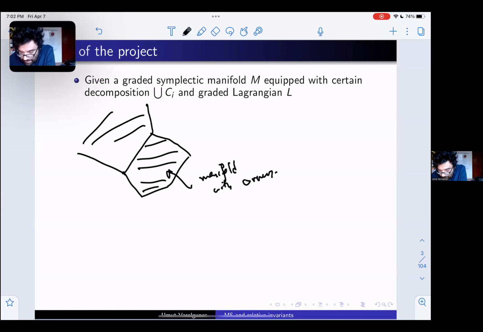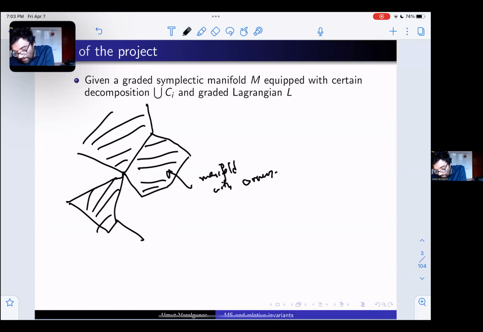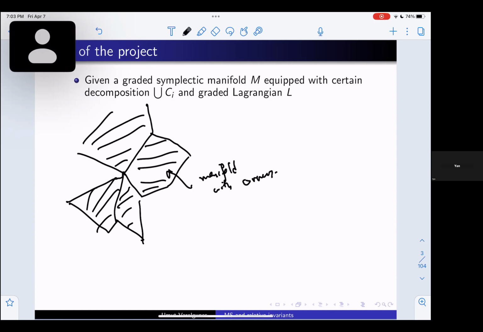And these chambers, these manifolds with corners, are supposed to intersect along faces. Okay, so this is a very schematic picture. So they're just submanifolds with corners? Yes, they are submanifolds with corners, but they are special submanifolds with corners.